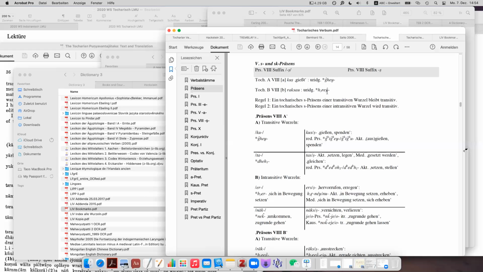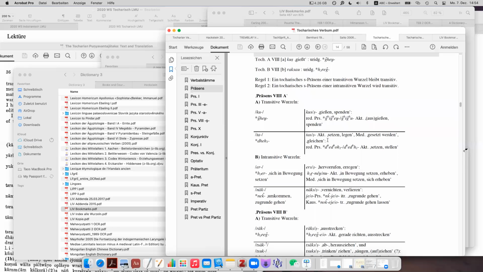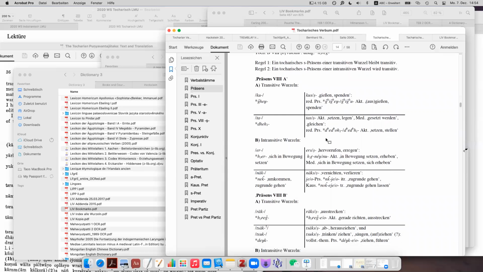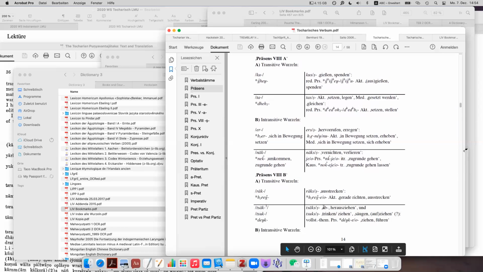Lake means that you spread horizontally like that, yeah. Okay, so laksao. Okay, yeah, called gerade Richten ausstrecken, yeah. Yeah, so it's like this.